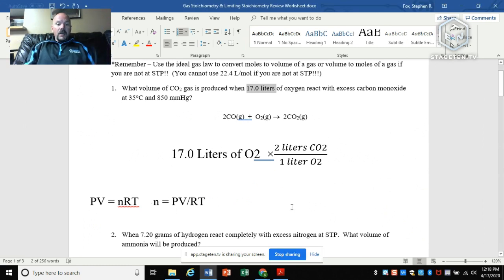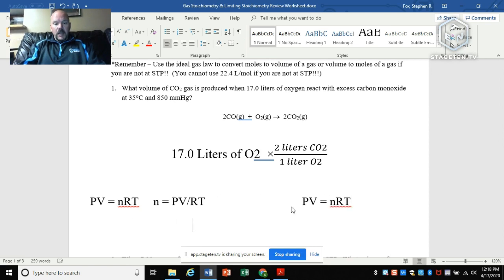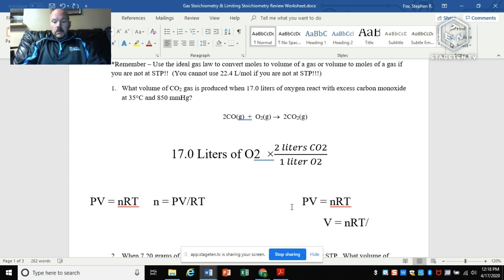So in step four of the stoichiometry problem, PV equals nRT, but we would be solving for V, so V equals nRT divided by P.